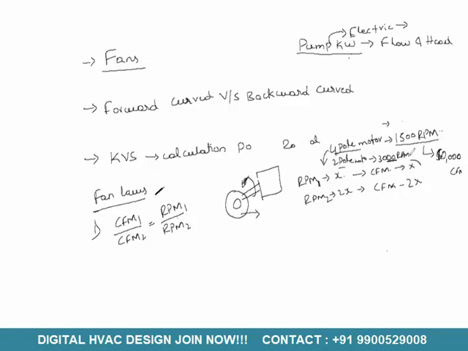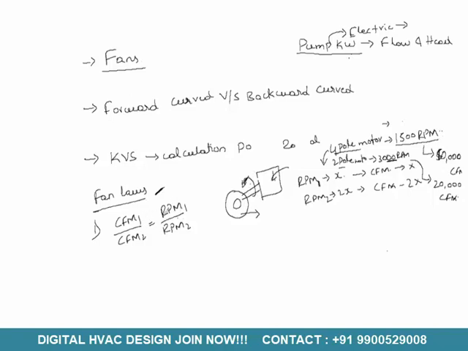So a 3000 RPM motor will push 20,000 CFM of air. You are using the same motor, but if you increase the speed, CFM also will be increased. That's what it is saying.